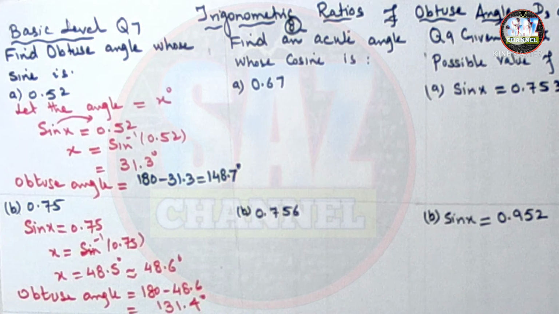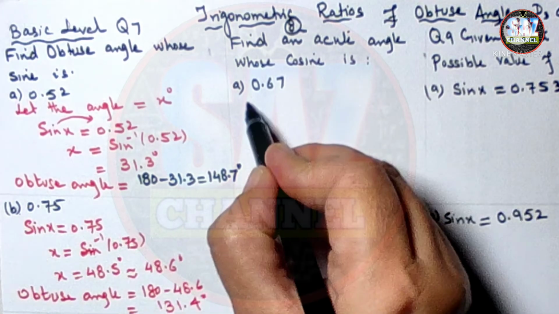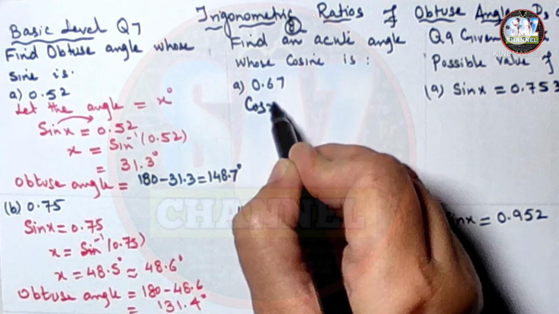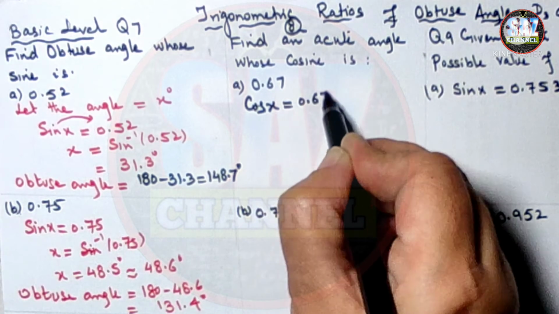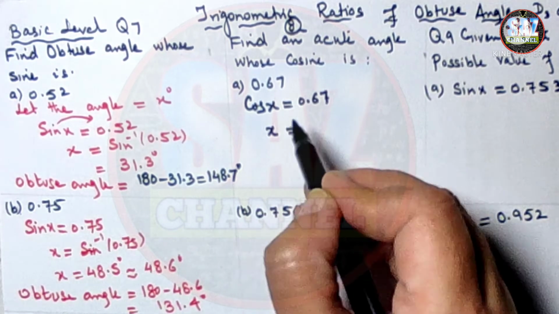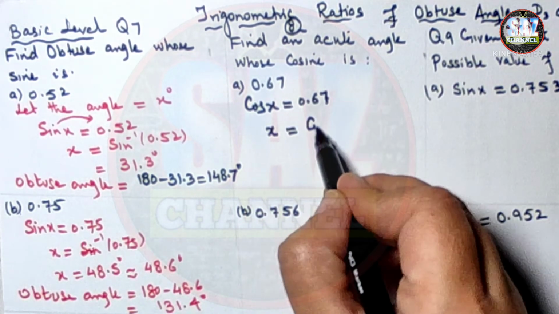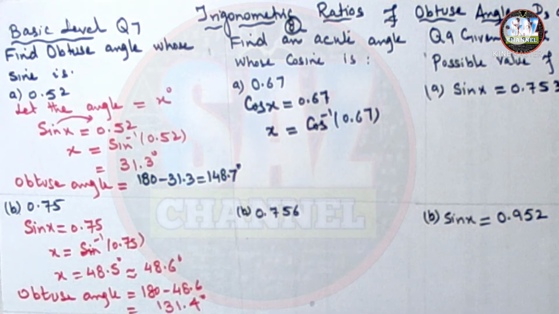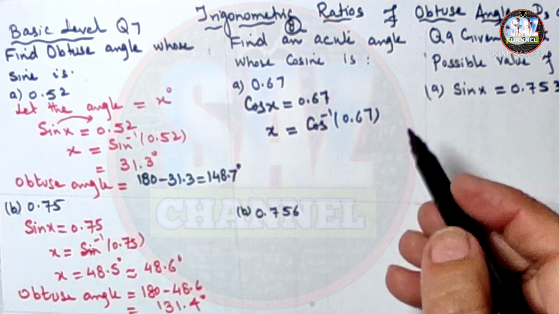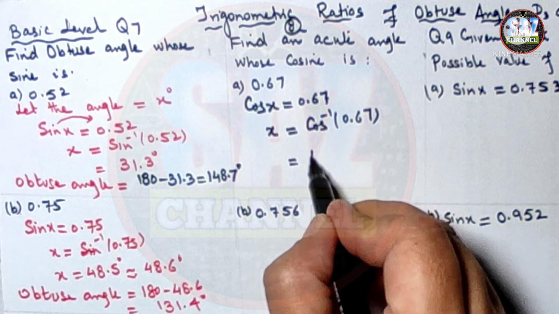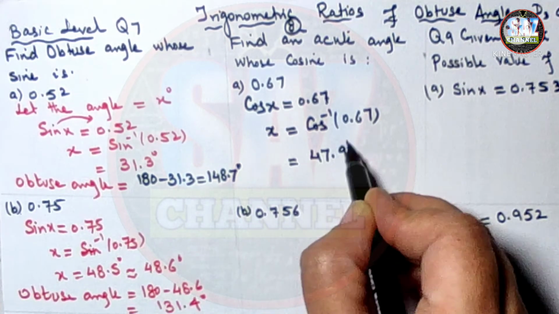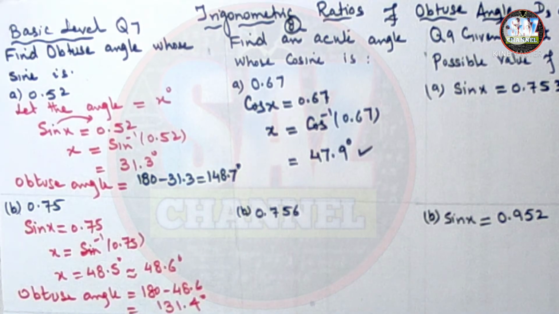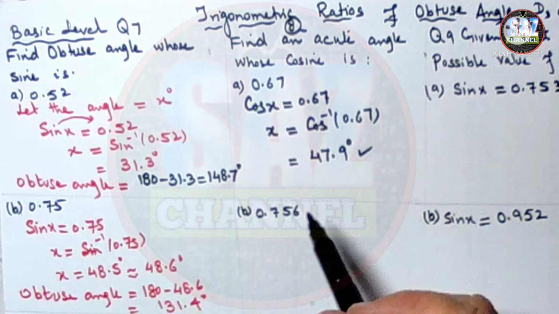Okay, now as the question says whose cosine is, so we'll be supposing cos of x equals 0.67 and x equals cos inverse 0.67, and now I have to press the shift key with cos and write down the value 0.67, and this gives me 47.9 degrees, as the requirement is the acute angle. So we'll be leaving the answer till this stage.